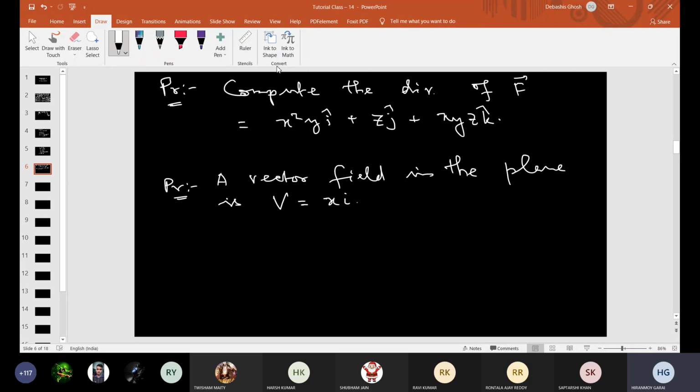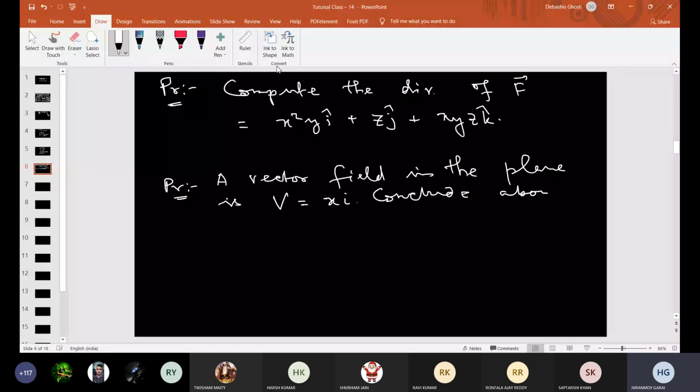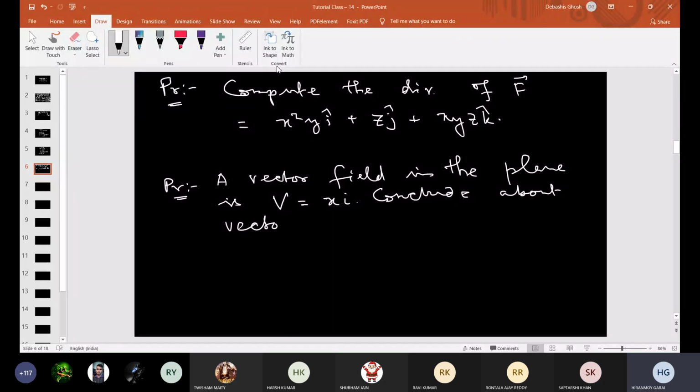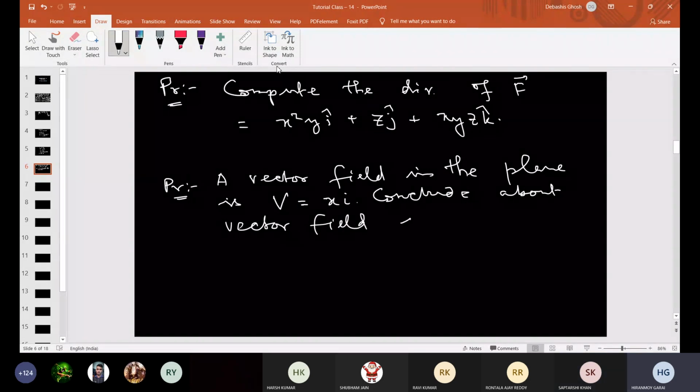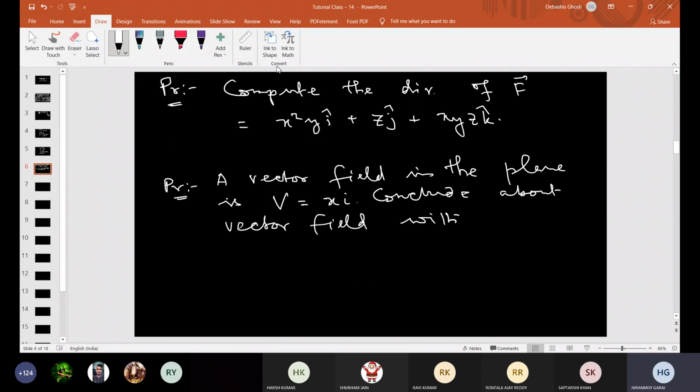That we can say, because the function is v equals xi. So conclude about the vector field with the help of the sign of divergence.